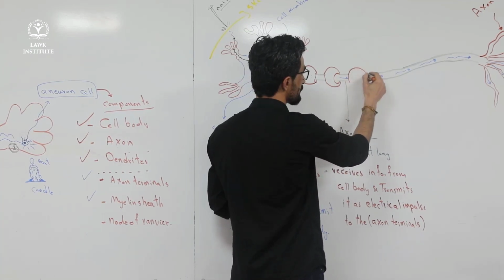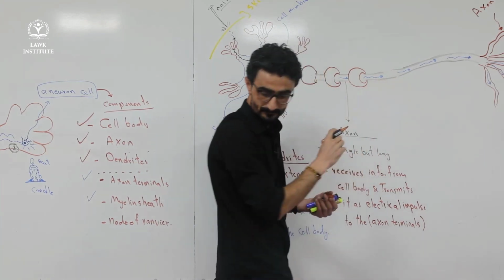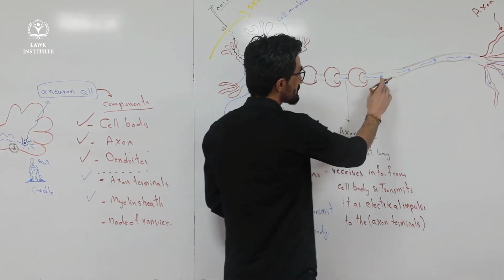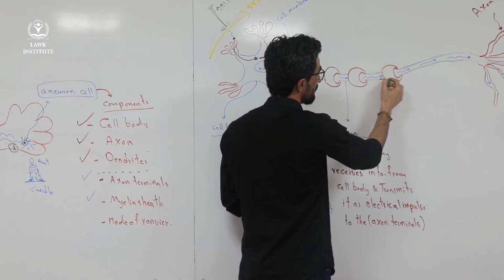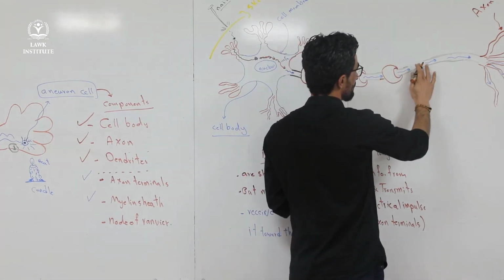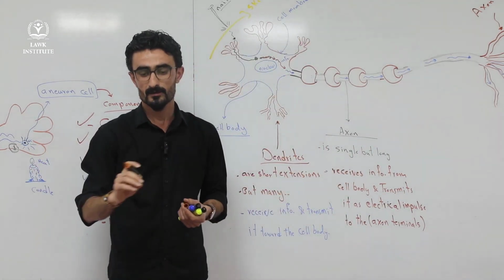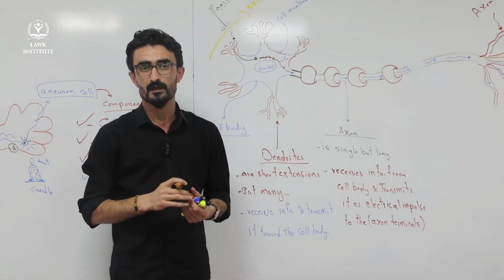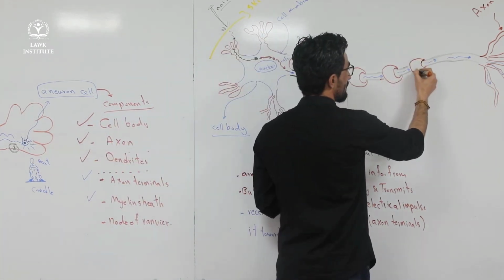So the axons of some neurons are surrounded by a kind of cell which is known as a Schwann cell. Okay, let me draw this.